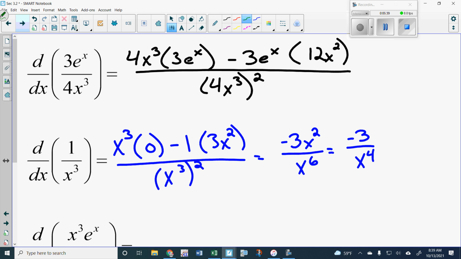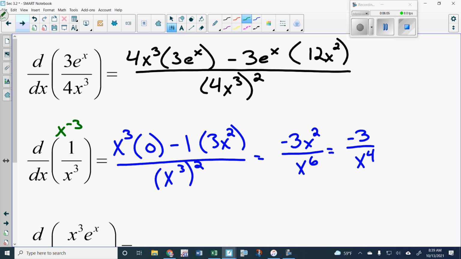Because what if I took this and I just wrote it as x to the negative 3? What would the derivative be? Negative 3x to the negative 4. And you get to there. So if you have a 1 on the top like this, it's easier to write it with a negative exponent than to use the quotient rule.